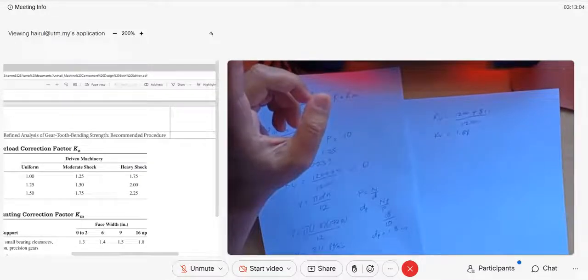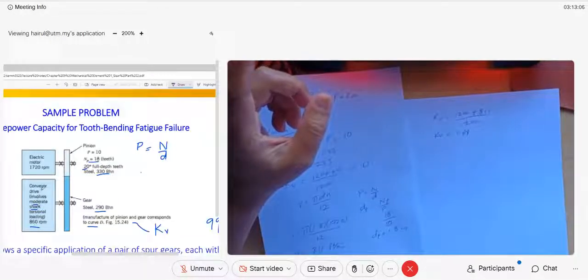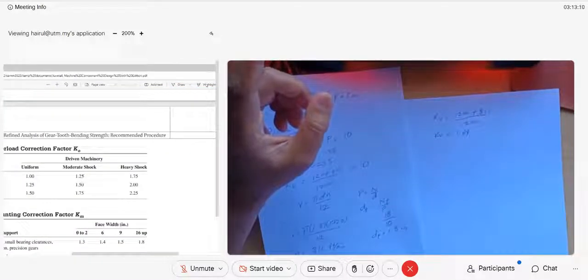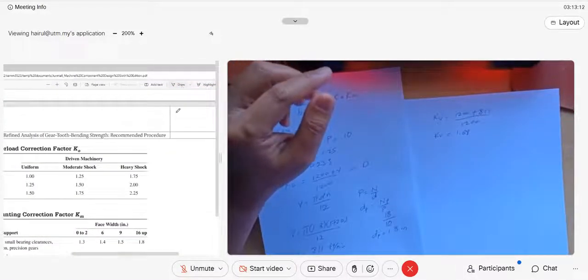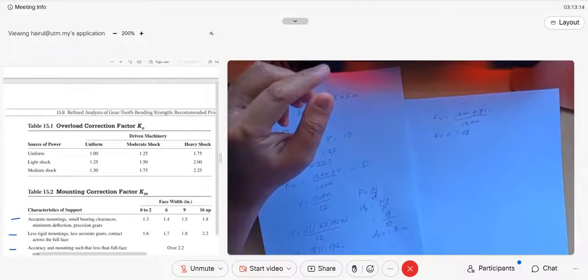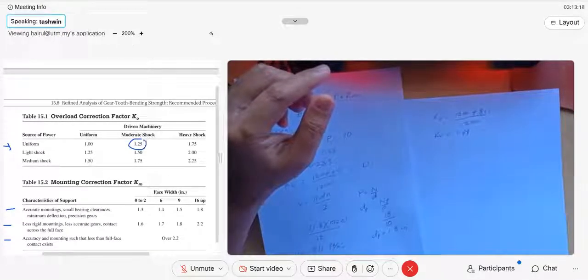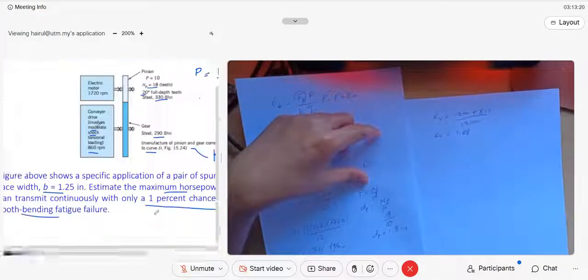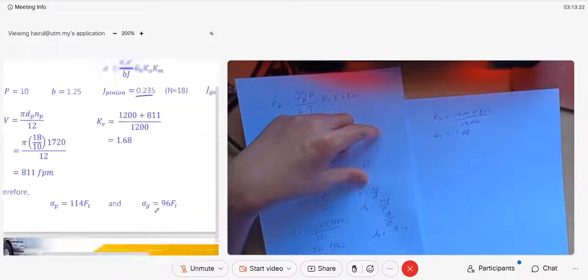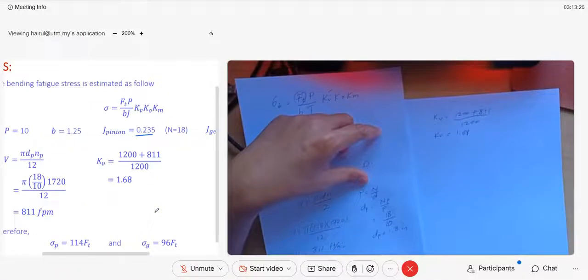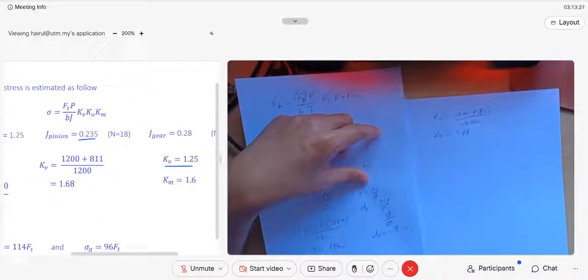But the driven machine involves moderate shock. So Ko is 1.25. Can you see it? Ko is 1.25.